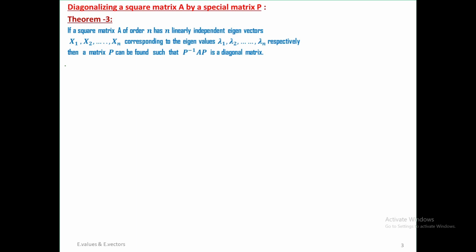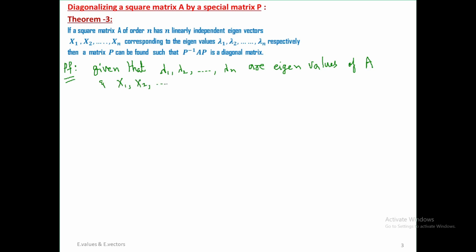Yeah. Proof. Given that, listen carefully. Given that lambda 1, lambda 2, up to lambda n are eigenvalues of the matrix A, and what is given: x1, x2, up to xn are linearly independent vectors.